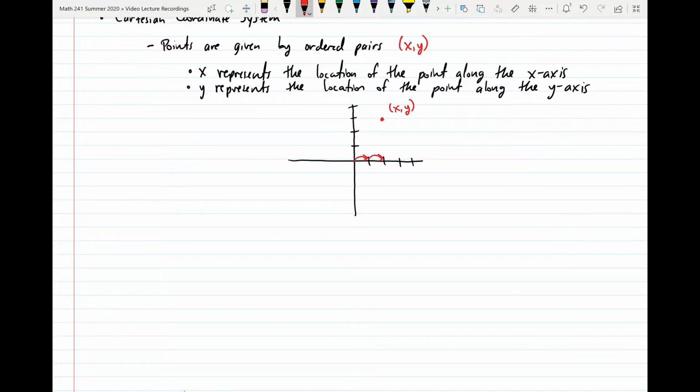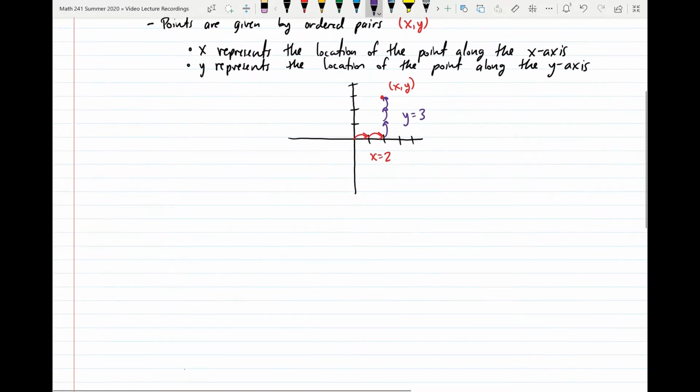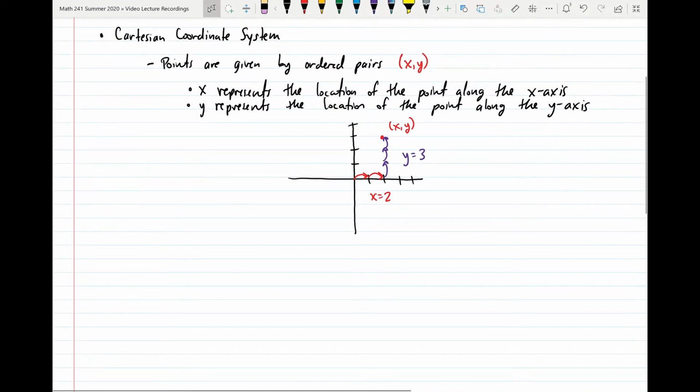In this case, it's 2. And then count how many spaces we go up to get to the point. So in this case, x is equal to 2, and y is equal to 3, as of course you know when you look at the point inside of the plane as I've drawn it. So this is one way to specify what points we're talking about in the plane.